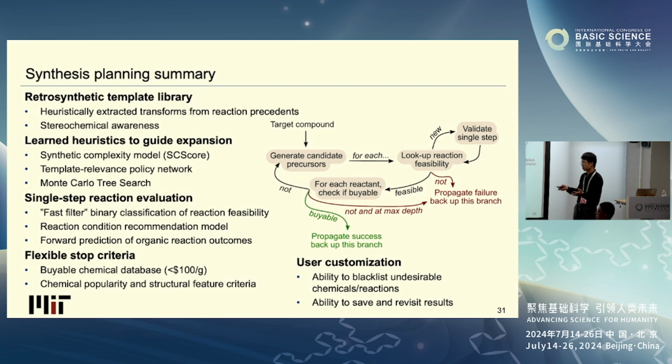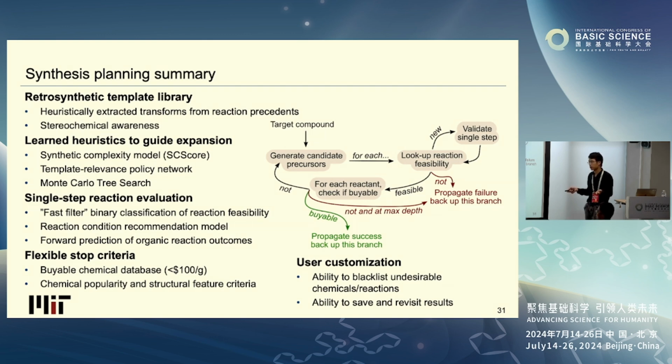There are some other details. Eventually we want to stop the search, so how do we define whether a chemical is commercially available? Of course, you can use a catalog of chemicals that are actually sold commercially, or you can use other criteria or heuristics, like how many times people have used this chemical in the data set.